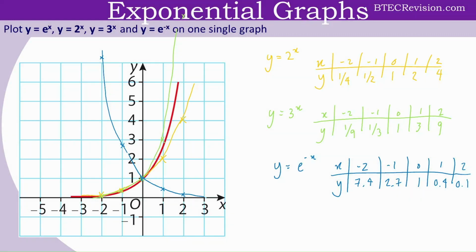Well, hopefully we can see a pattern here. If we take an exponential function with a positive power, we can see the curve is going to go upwards, starting from the left, going upwards towards the right. And if it's a negative power, as for the blue line, then we're going to start off high and the exponential is going to decrease.